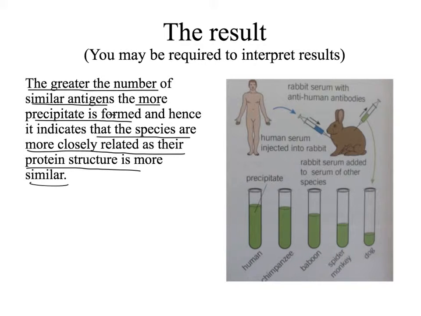And you just need to keep in mind that the more precipitate that's formed, that tells you that there were a greater number of similar antigens on the albumin from the chimp and albumin from the baboon, and hence you get a greater amount of precipitate formed with those antibodies that were produced by the rabbit to the human albumin. And it's just another way of saying, yep, these organisms are more closely related, these organisms are more distantly related.